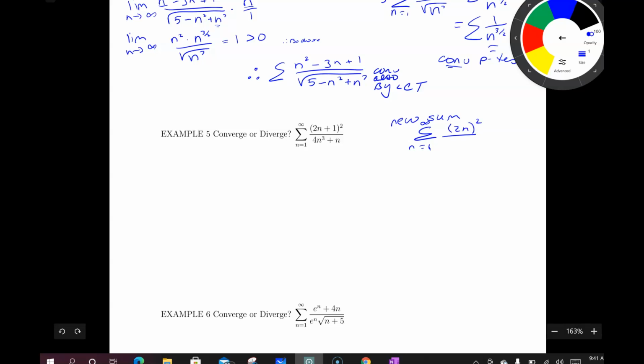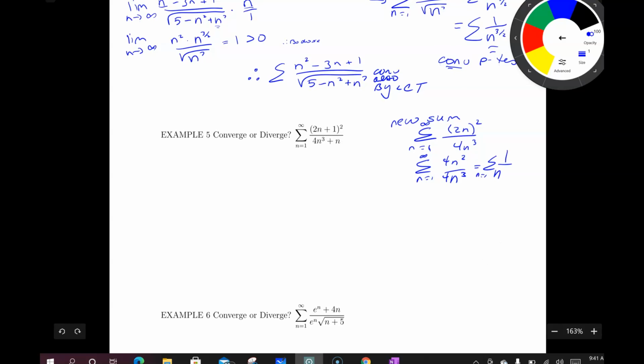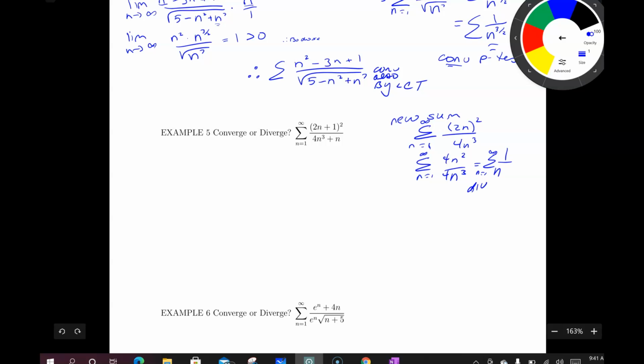From the highest power in the denominator, I'm going to take 4n cubed. Simplifying this, I get 4n squared over 4n cubed, which gives me 1 over n. So I know that this diverges by p-test.